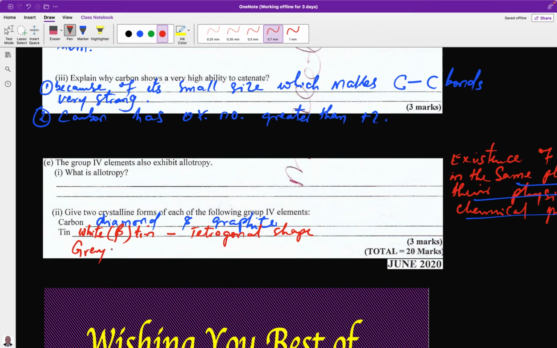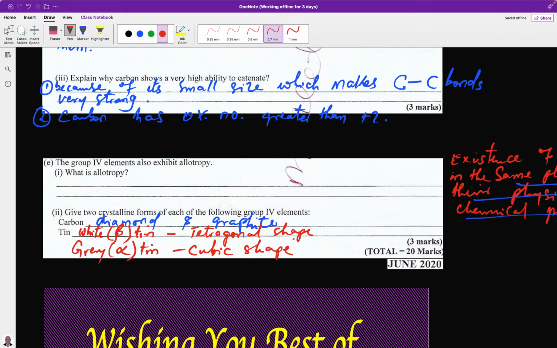Another crystalline form of tin is gray tin, or alpha tin. This one is cubic. It has a cubic shape.